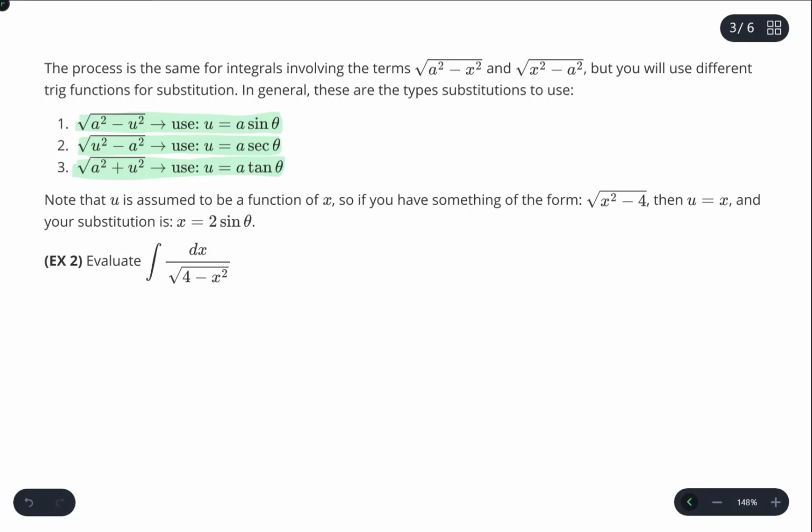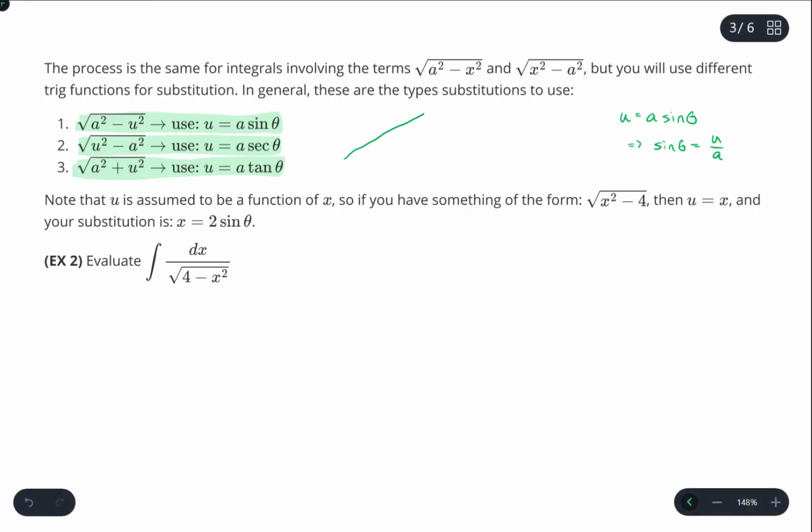And the reason we use different trig functions is because ultimately the choice of the trig function leads to a different set of sides initially that are set up on the right triangle. So for instance, if I'm using the substitution u equals a sine theta, then that could be interpreted as sine theta equals u divided by a.